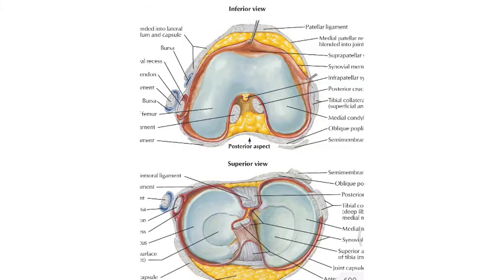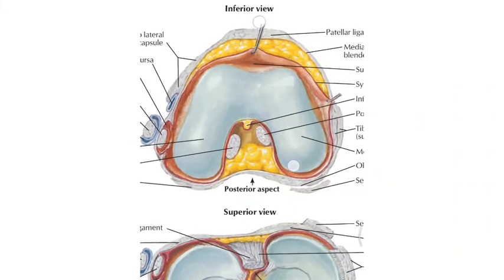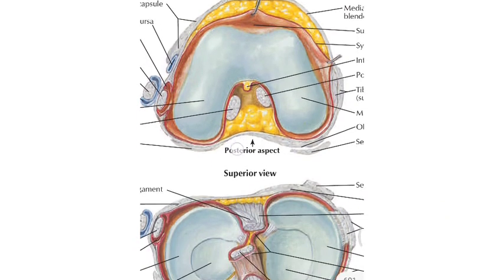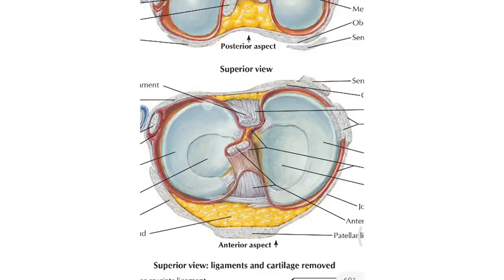Let's trace the infrapatellar fold in somewhat transverse sections. So these are the condyles of the femur and this is the inferior view. Here you can see the apex of the infrapatellar fold. Simultaneously, this will be the superior view of the tibial condyles and menisci.